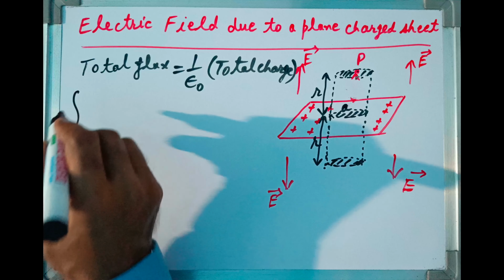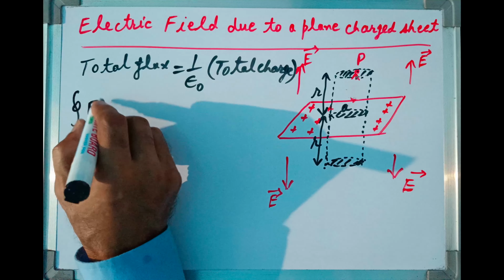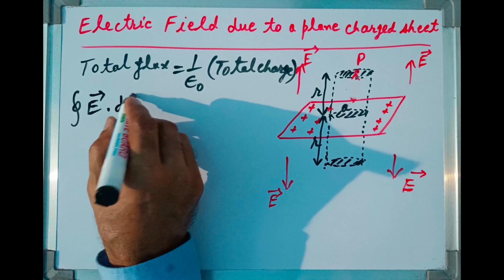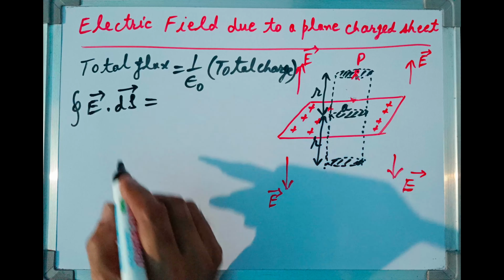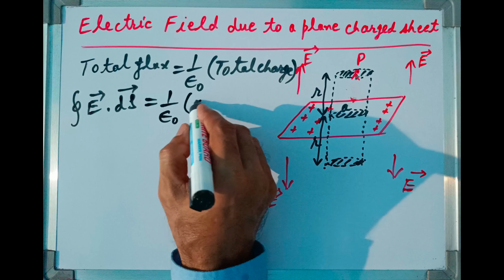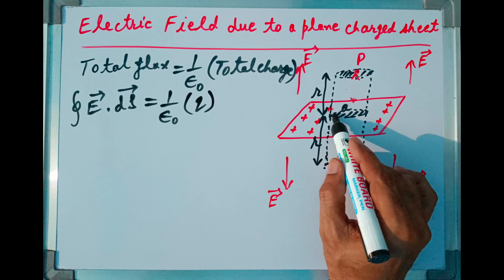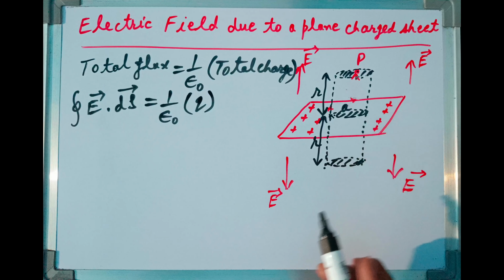Now according to definition of flux, I can write closed integral E vector dot ds vector, total flux, equal to 1 upon epsilon naught multiplied with charge q. Suppose q is the charge due to this circular portion of the surface of sheet.